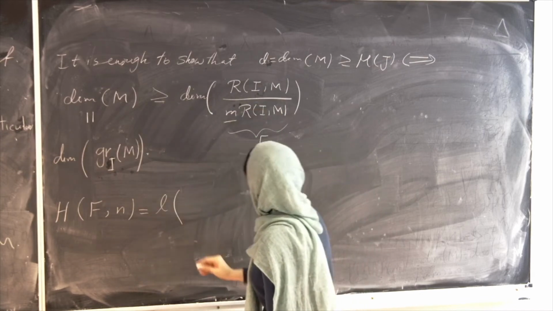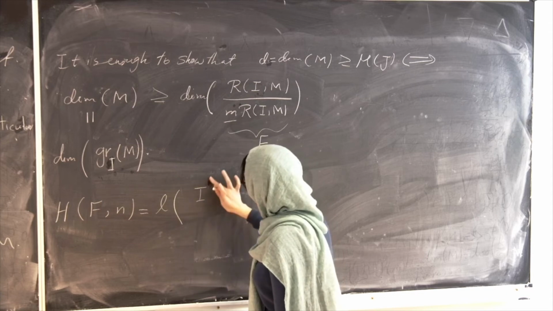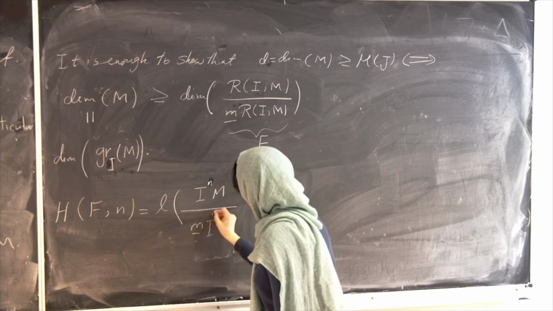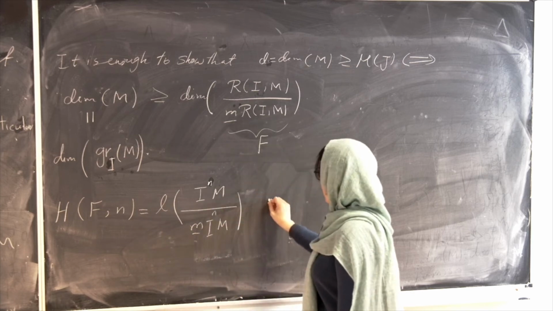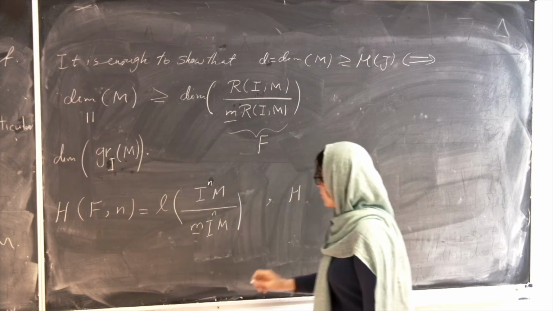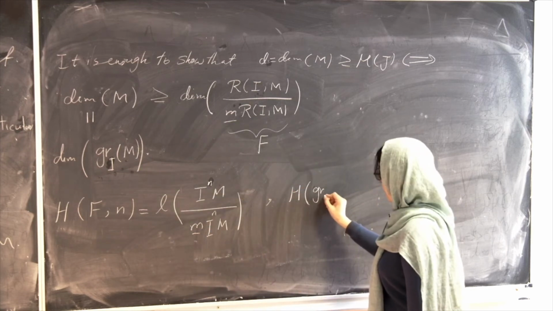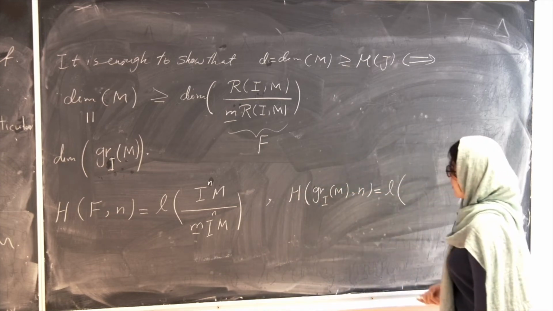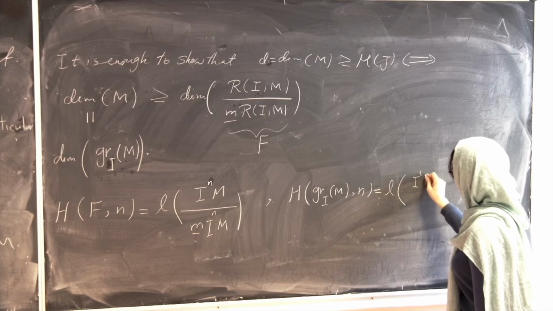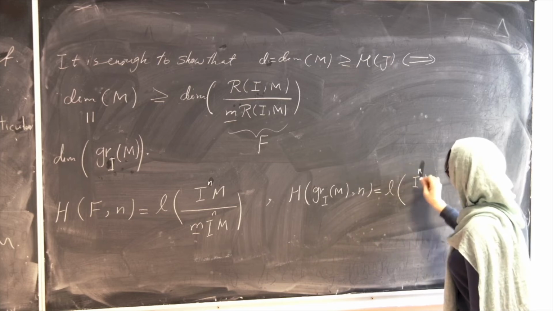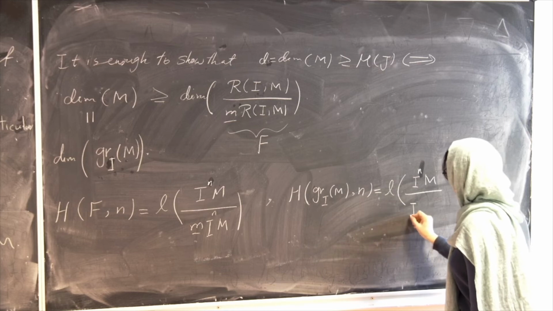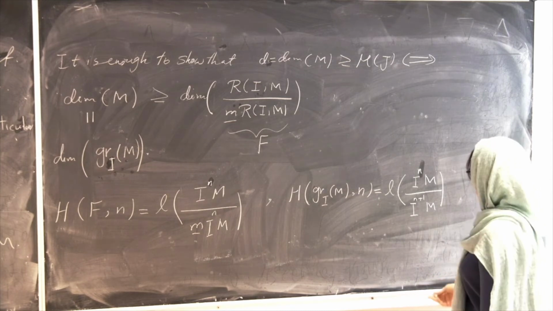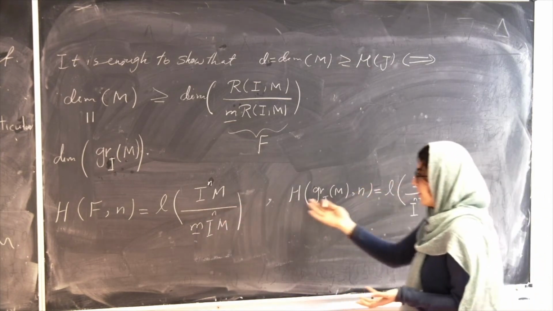It is just the length of I^n M modulo m times I^n M. And what is the Hilbert function of the associated graded module? By definition, this is the length of the degree n component of this module. So easily we can compare these two lengths.